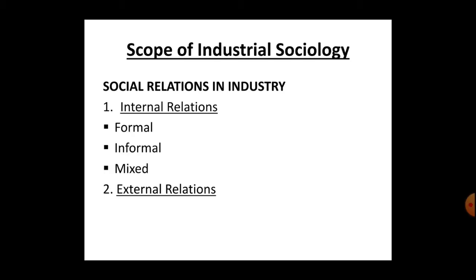The owner, the managerial staff, and the workers of an industrial unit are linked mutually by internal relations. The internal relations are of three kinds: formal relations, informal relations, and mixed relations.